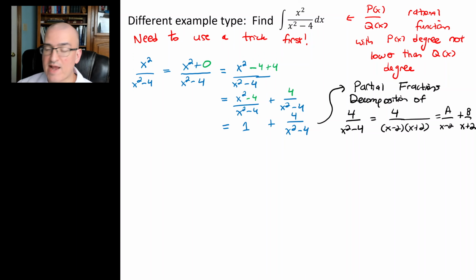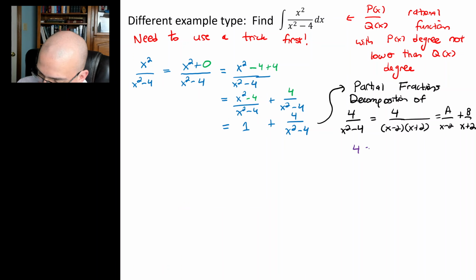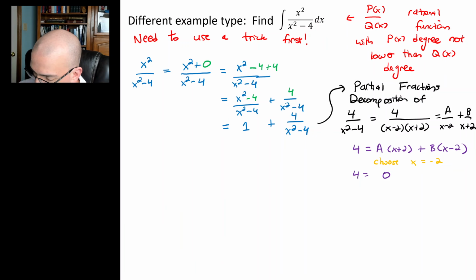All right, so now we have that task to do. I'm going to do the common denominator thing. We have 4 is equal to a times x plus 2 plus b times x minus 2. I'm going to choose x equal to negative 2 first. So we get 4 is equal to 0 minus 4b, which tells us that b is equal to negative 1. Now I choose x equal to 2.